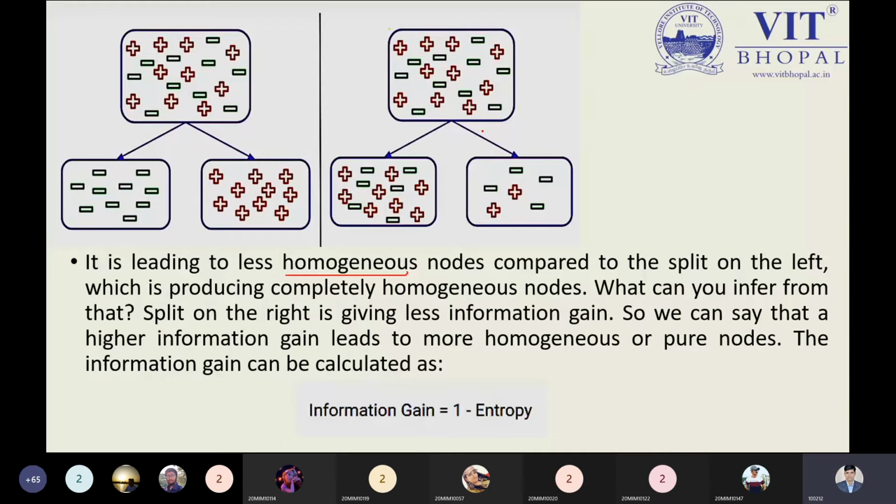Here we count 1, 2, 3, 4, 5, 6, 7, 8, so we have 8 positive, and 1, 2, 3, 4, 5, 6, so 6 negative. It means out of the 14, 6 are negative.